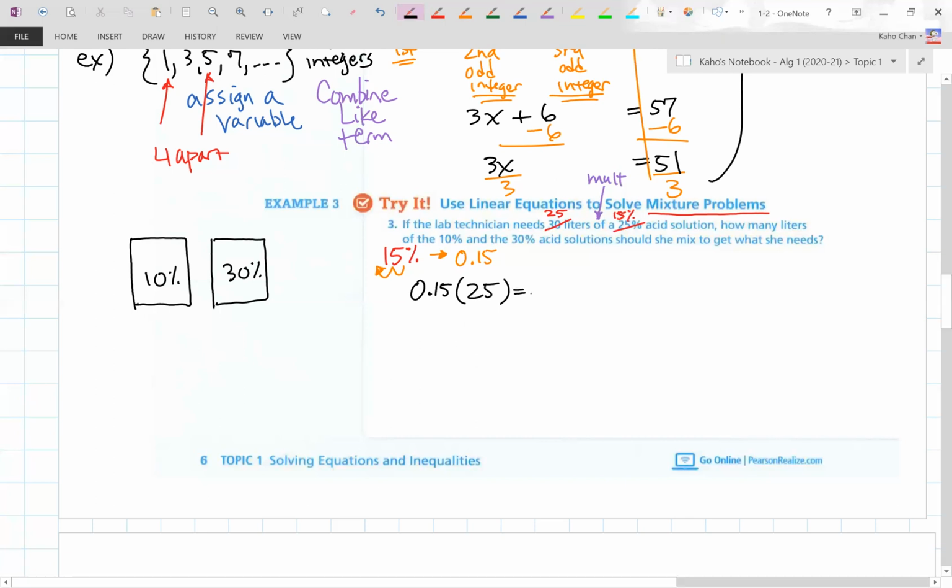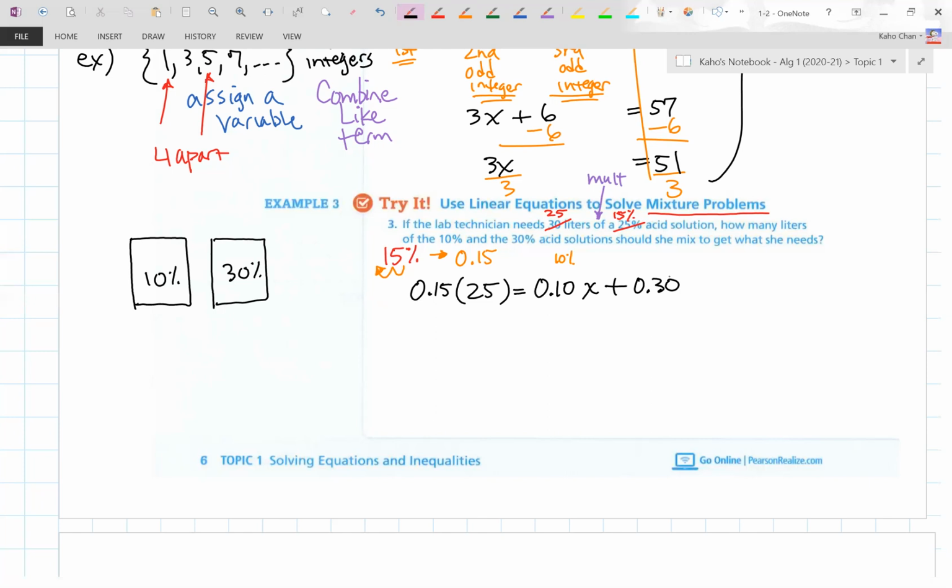Okay? What are we mixing? We're mixing some unknown amount of 10%. That's your 10% right there, folks. And of some unknown quantity, let's call that x. Add that to a 30% acid solution, let's convert that to a decimal, of the remaining amount of liters.